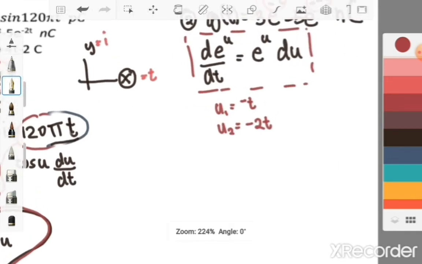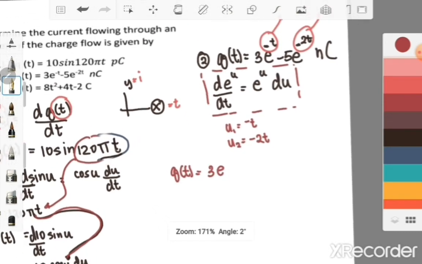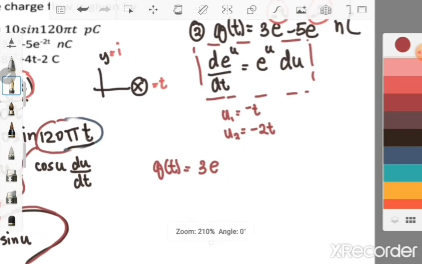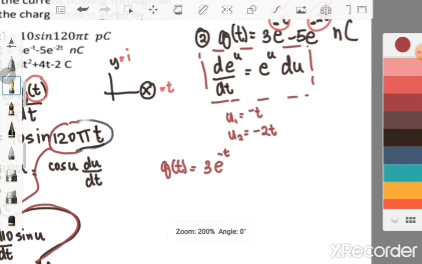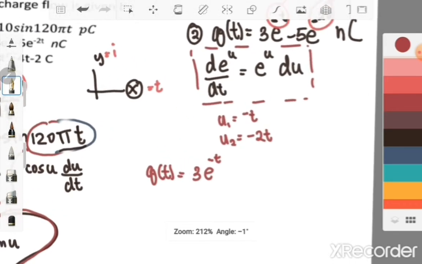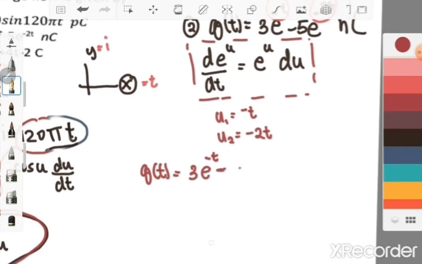So q sub t is equal to 3e raised to negative t minus 5e raised to negative 2t.